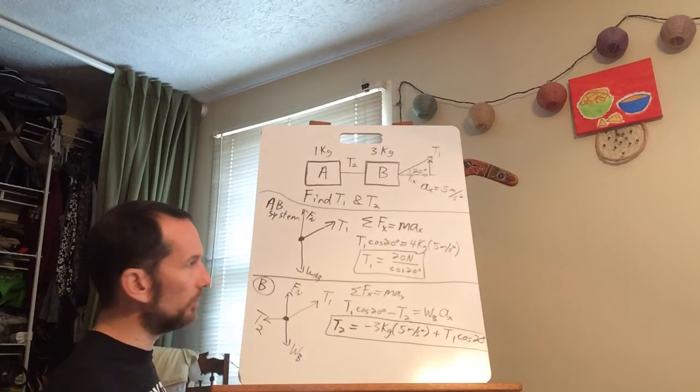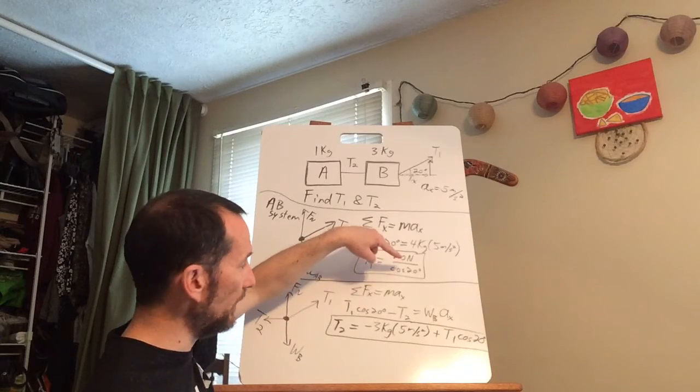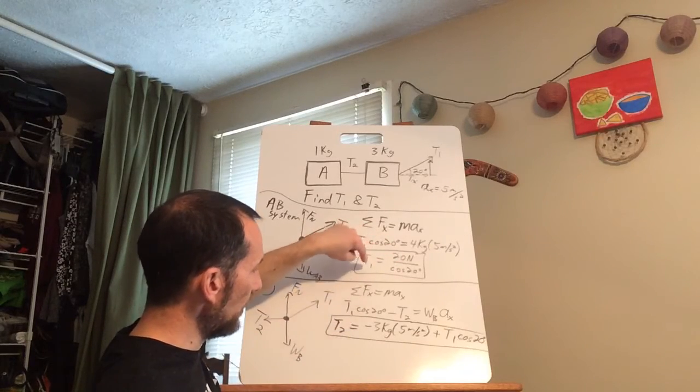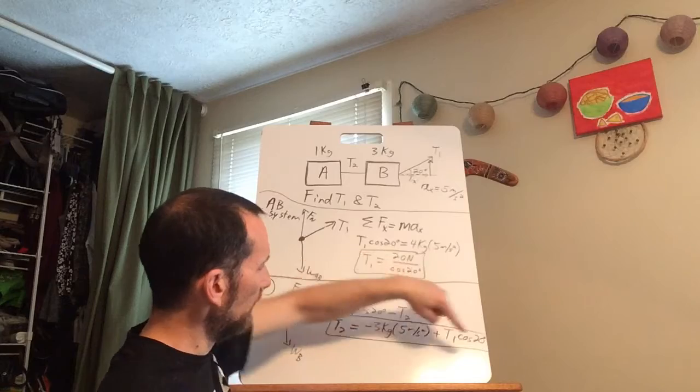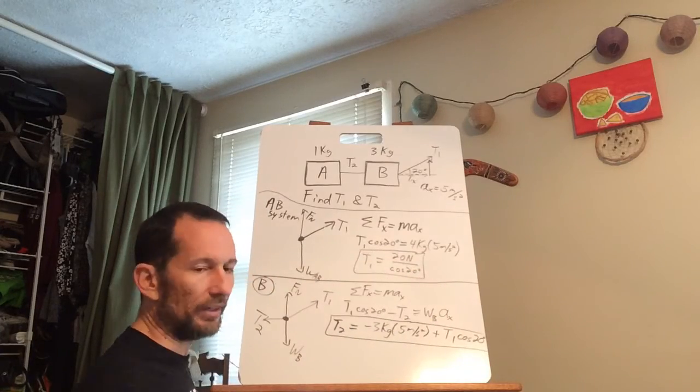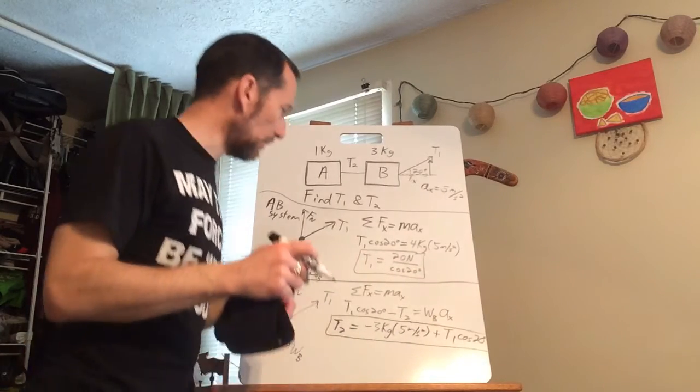Okay, and then it's just a matter of plugging these numbers into your calculator, and once you have a value for T1, you can put that in there and then plug those numbers into your calculator. And that's all there is to it on that one.